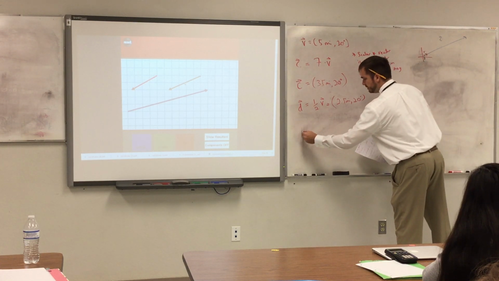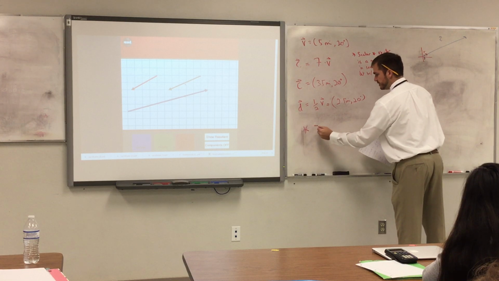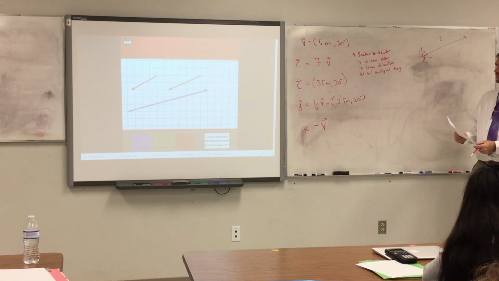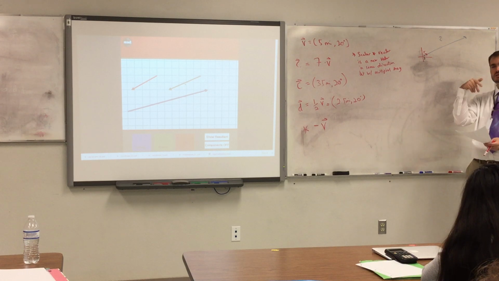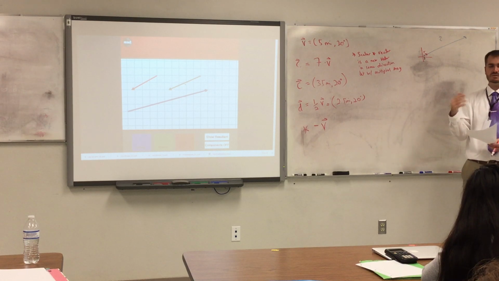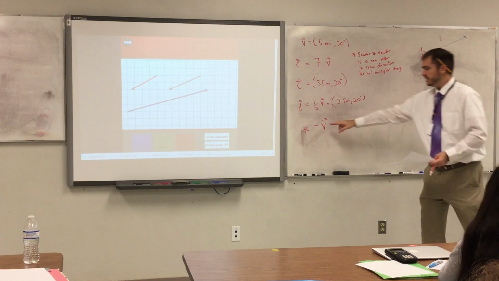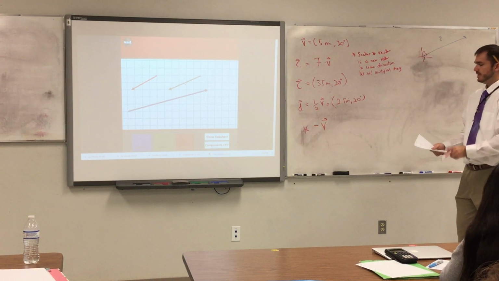If you have a negative vector, like negative vector V, now you might be like, oh, that just means the opposite, like negative times the magnitude. Actually, it doesn't. When you have a negative in front of a vector, it means something different, okay?